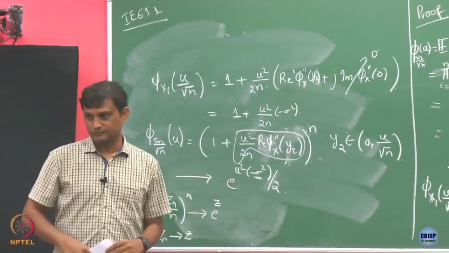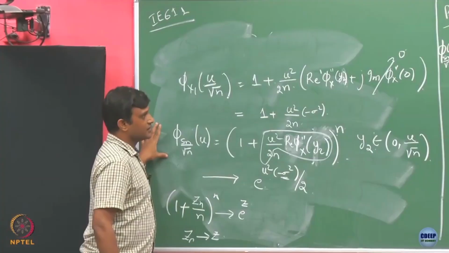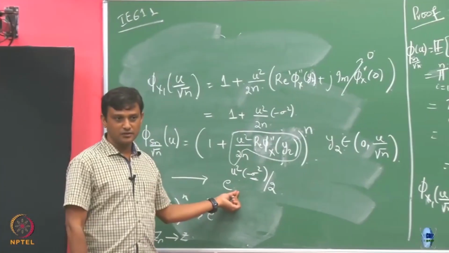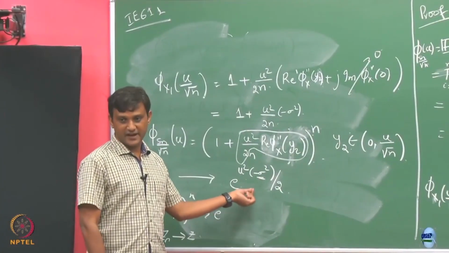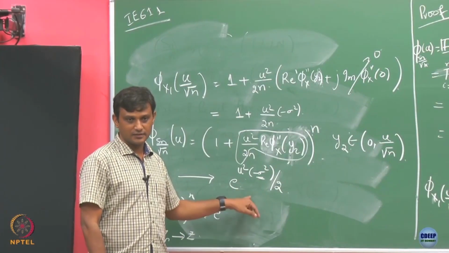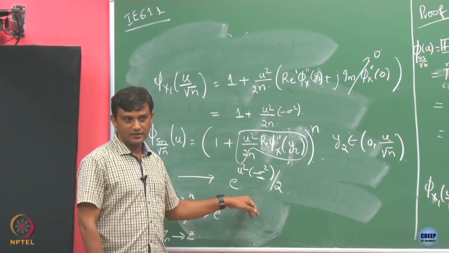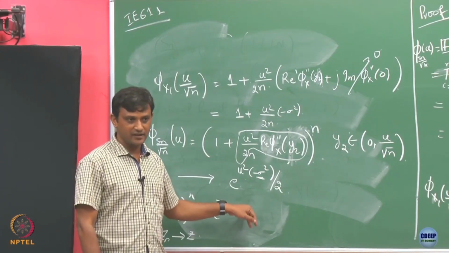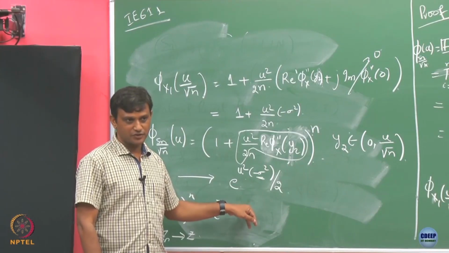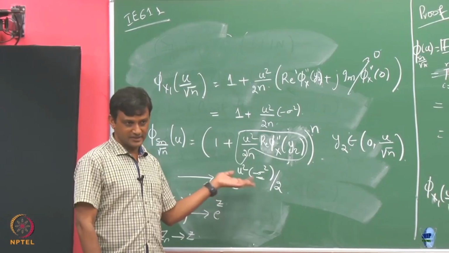Now this characteristic function has converged to this function, and what is this function? This is the characteristic function of a normal distribution, which has mean 0 and variance sigma square.